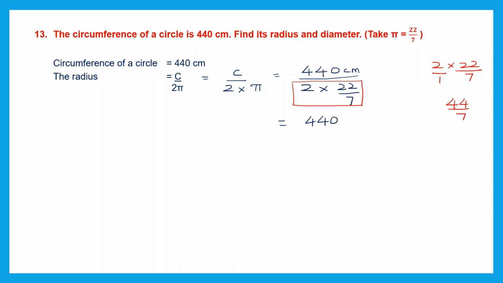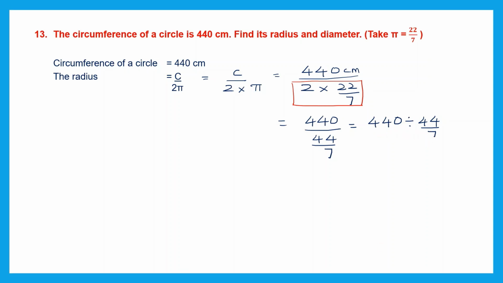So here we have 440 divided by 44 by 7. I can write division like this, divided by 44 by 7, the same thing that I have shown here, with the division sign. So now it becomes division of fractions, which makes it easier for us.